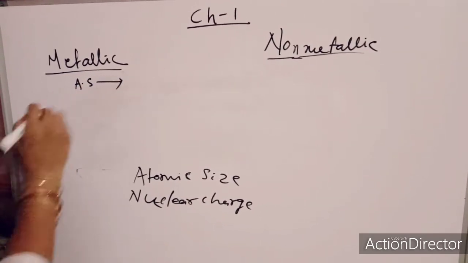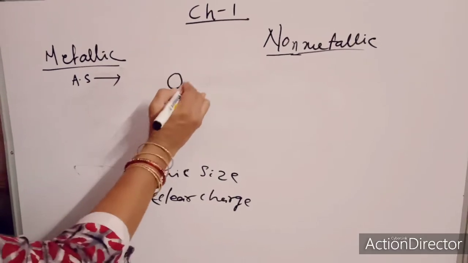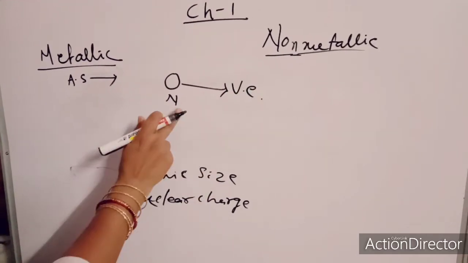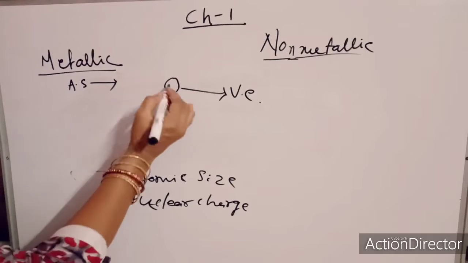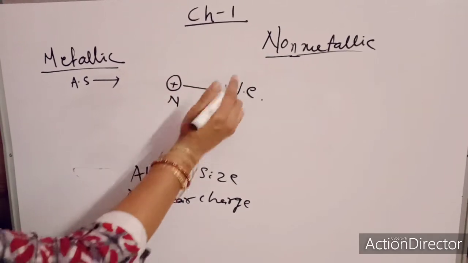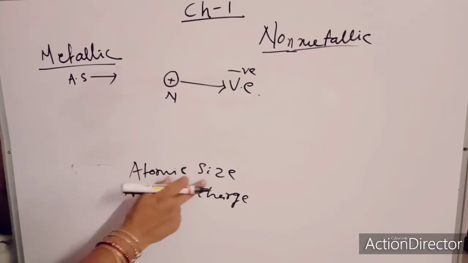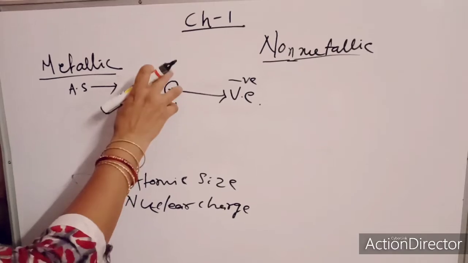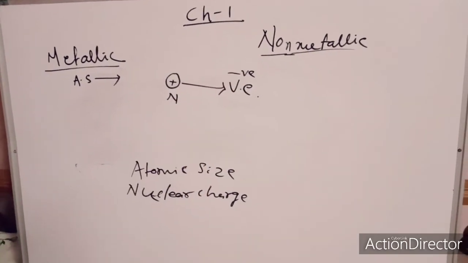At that time what happens? The hold between the nucleus and the valence electron is decreasing. That means the influence of nuclear charge, positive charge, on the negative charge is decreasing. That means with increase in atomic size, when the influence decreases, it is easier to remove 1 electron. Yes or no?